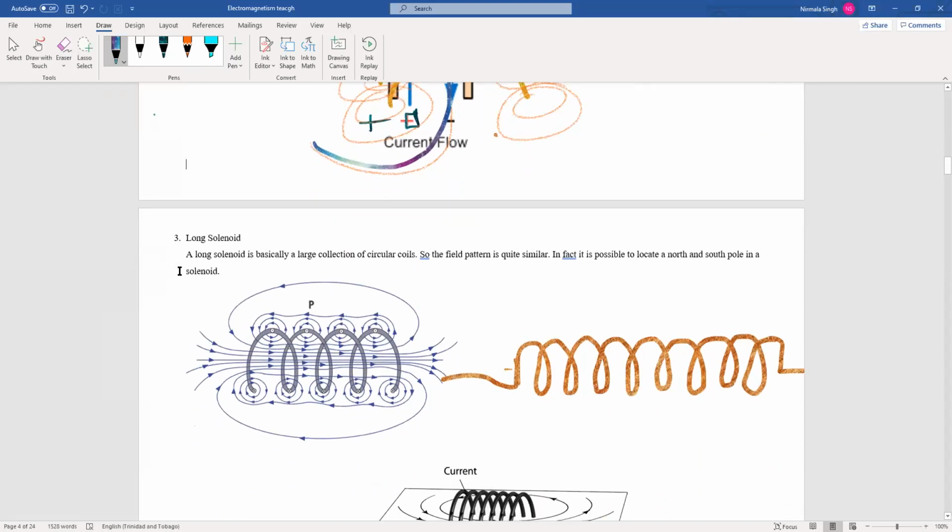A solenoid creates a measurable and very strong magnetic field. So a long solenoid is basically a large collection of circular coils. The pattern is quite similar. In fact, it is possible to locate a north and south pole in a solenoid.